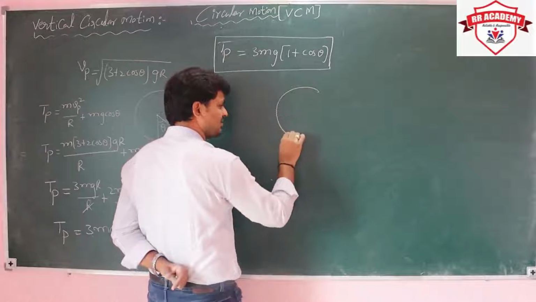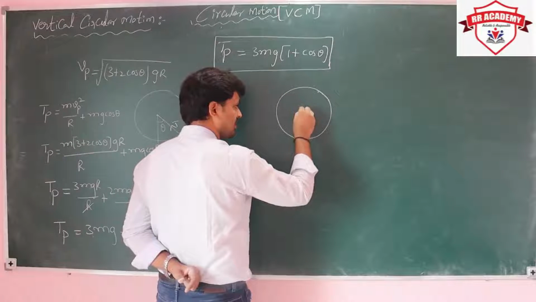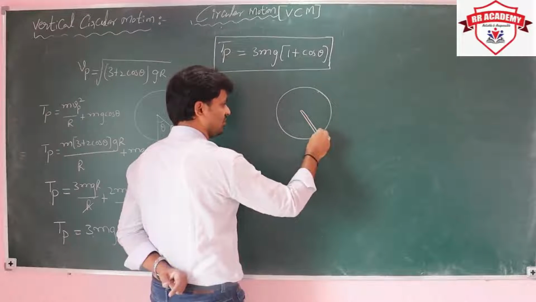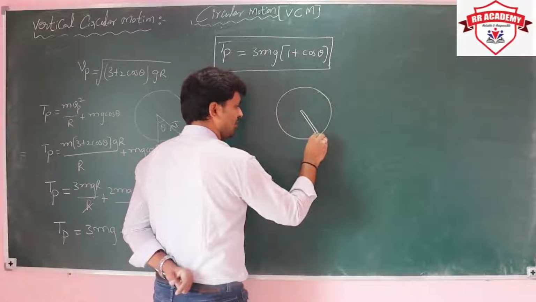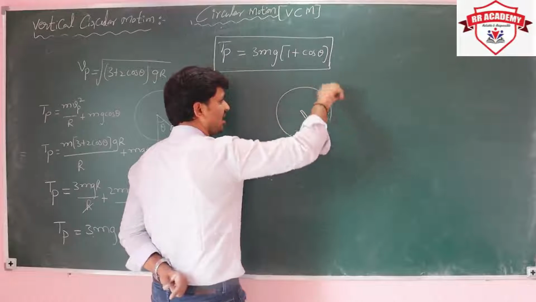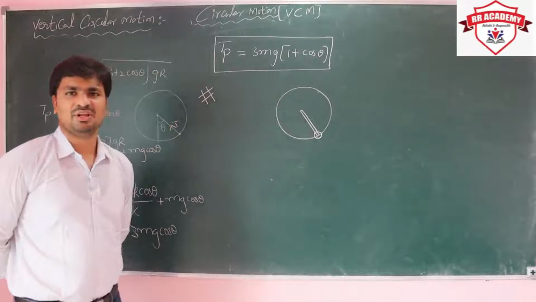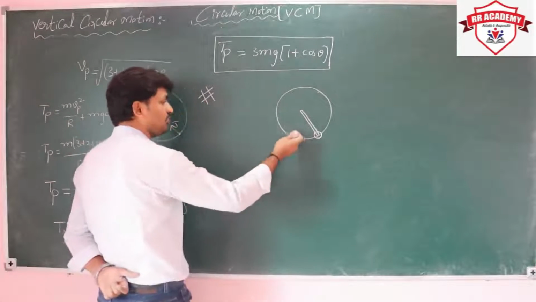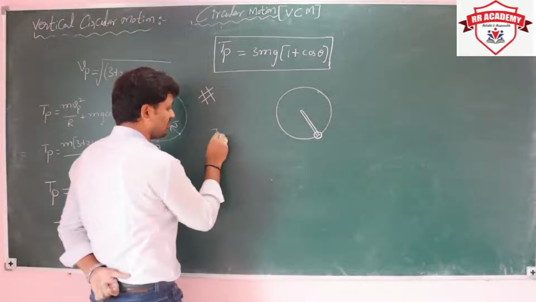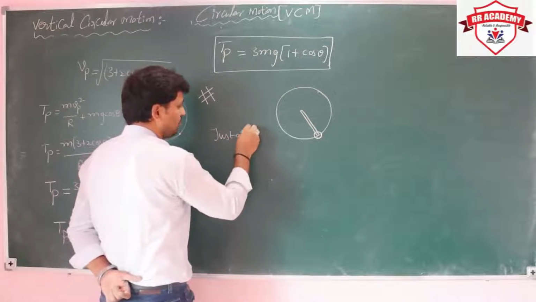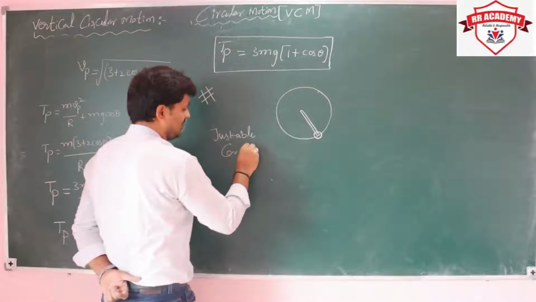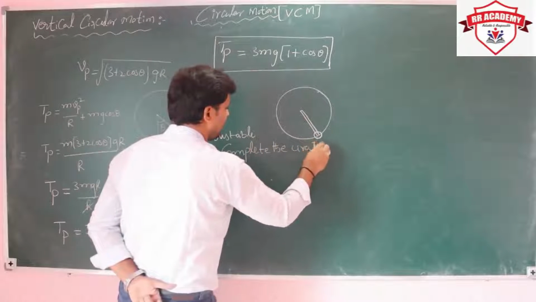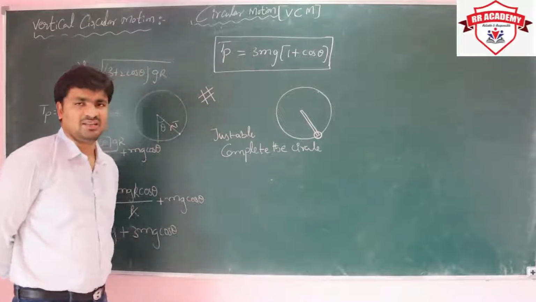If I replace the string by a rod, the rod is in vertical circular motion, with a mass attached. Then what is the minimum velocity? The velocity at the highest point is just able to complete the circle. Only when we are considering a rod, it is just able to complete the circle.